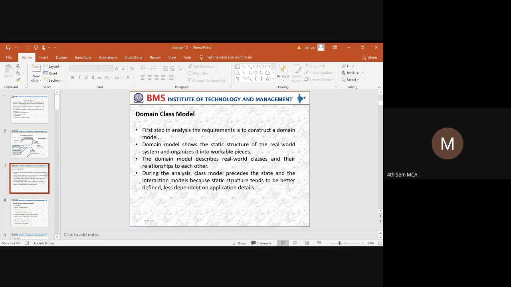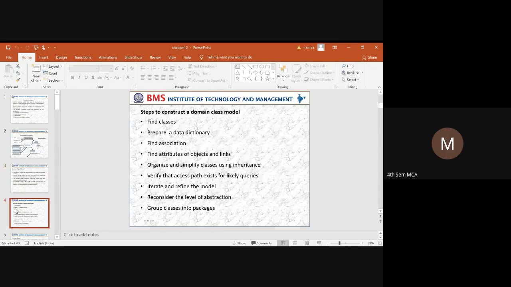The state model indicates how the system is going to take different states with respect to the object and external stimuli. Then the interaction model will tell us how the objects are interacting and how the system is going to behave with respect to the external environment. So these things we are going to study based on a class model.